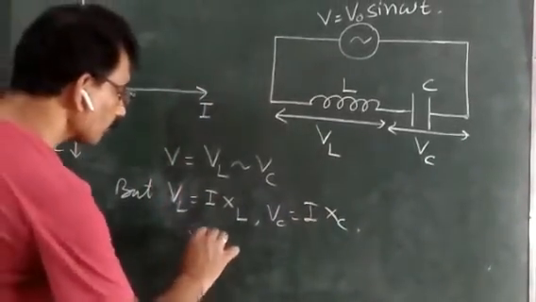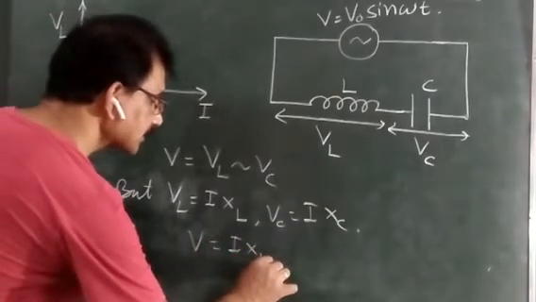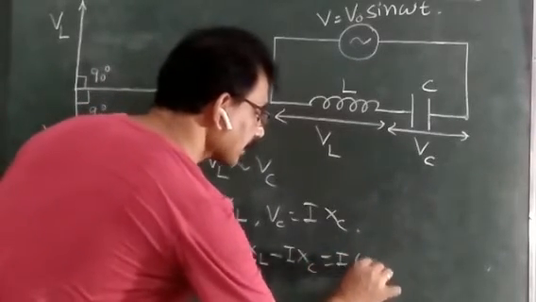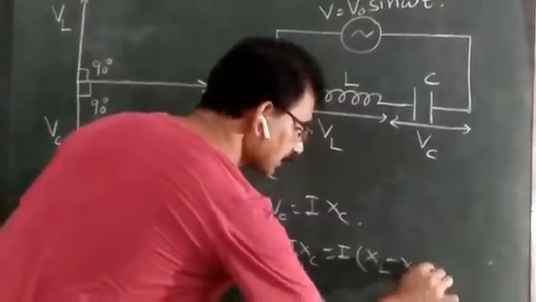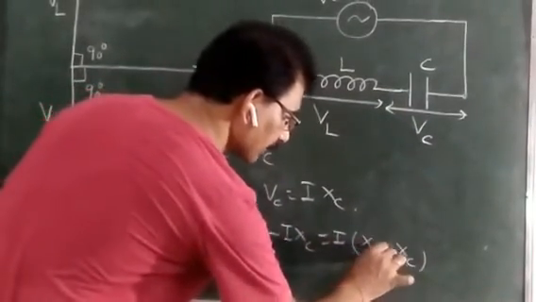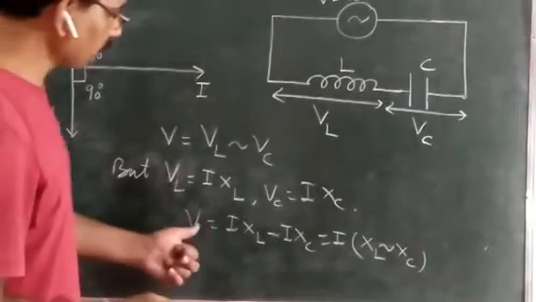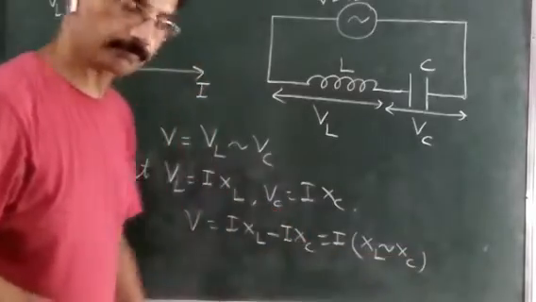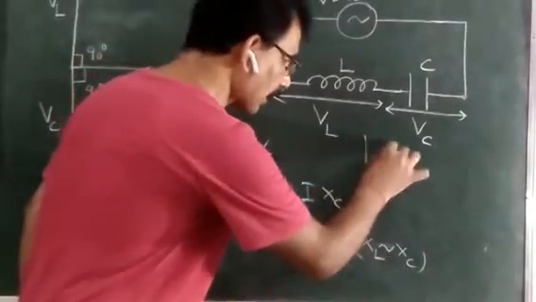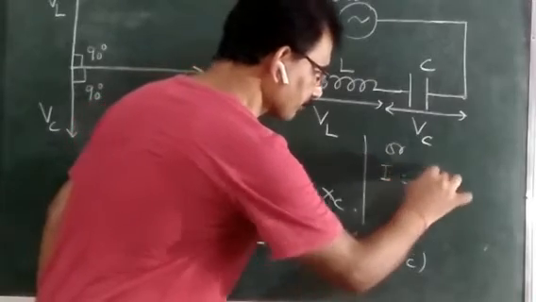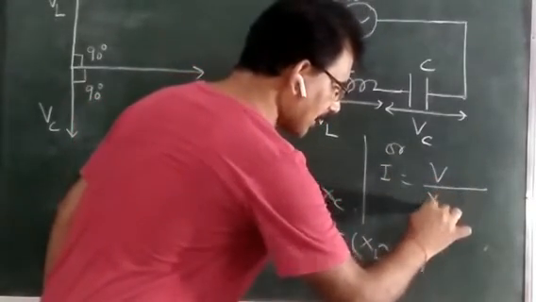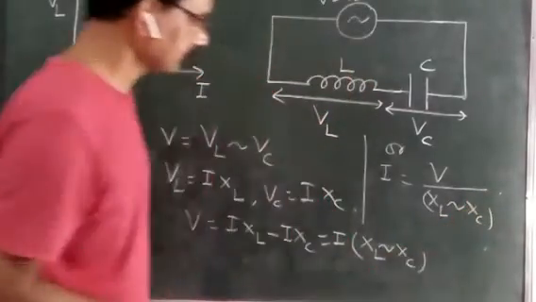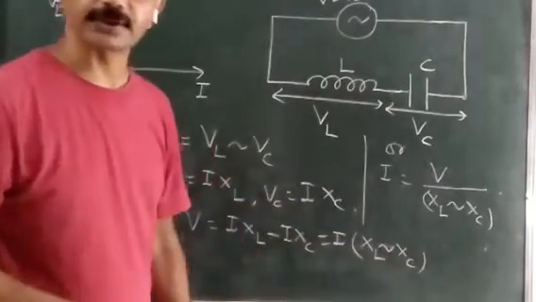So you can write V is equal to I XL minus I XC, or V is equal to I into XL difference XC. So the applied voltage V is equal to I times XL difference XC, or I is equal to V upon XL difference XC.